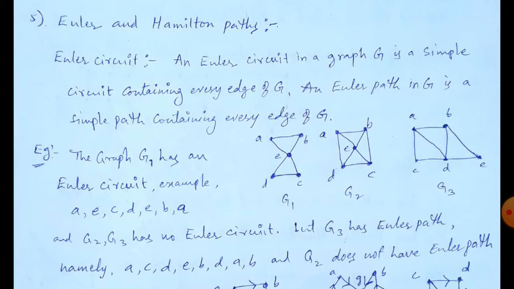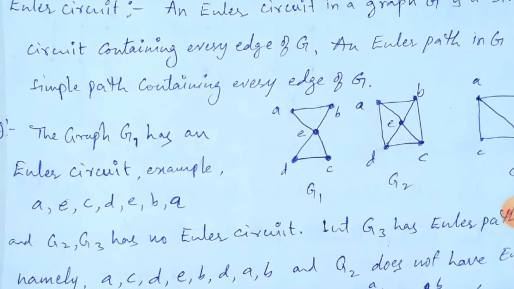Of course, we have to cover all the edges in that graph. In an Euler circuit, edges cannot be repeated, but vertices may be repeated. You have to observe this. You cover all edges without repeating them, you can repeat the vertices, and we have to reach the starting point. If you find such a path in a graph G, it is called an Euler circuit.